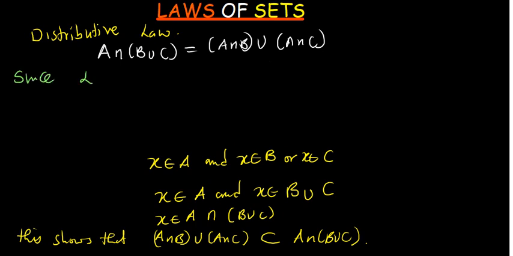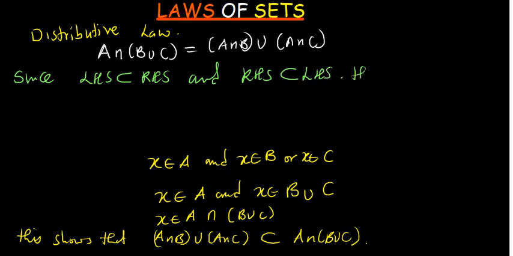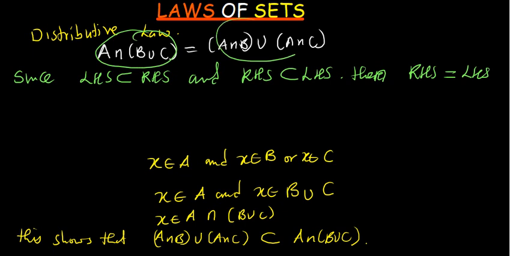Since the left hand side is a subset of the right hand side and the right hand side is a subset of the left hand side, then the right hand side is equal to the left hand side. Now where I've put left hand side and right hand side, you can be putting those. This is the left hand side, this is the right hand side.